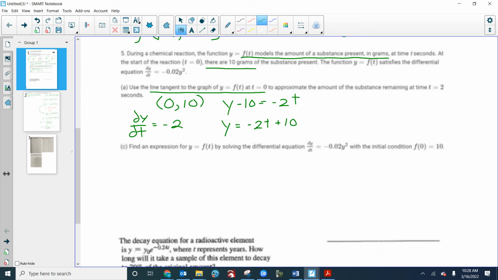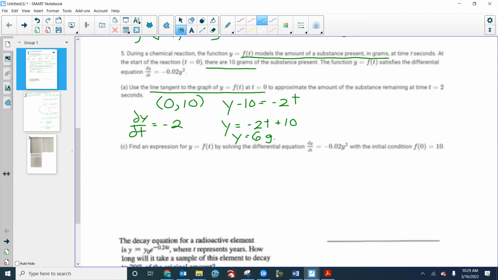So when t equals 2, what's the amount? Using the tangent line, not using the antiderivative function, using the tangent line. Ooh, linear approximation. Remember that? Plug in t equals 2: negative 2 times 2, negative 4, plus 10, 6 grams? There's approximately 6 grams present.